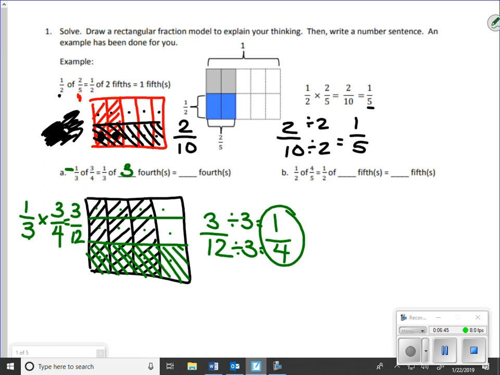Standard algorithm, matching the picture. 3/12 is equal to 1/4. So 1/3 of 3/4 is equal to 1/4. Because you see, they don't even give you an option to put 12. It's 1/4.